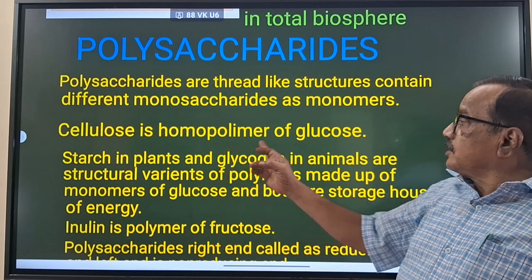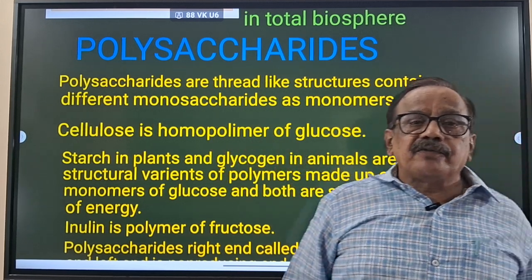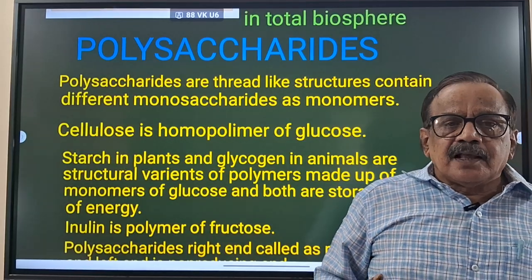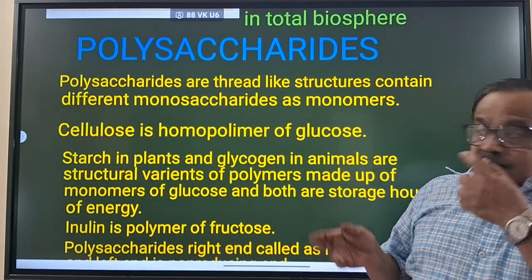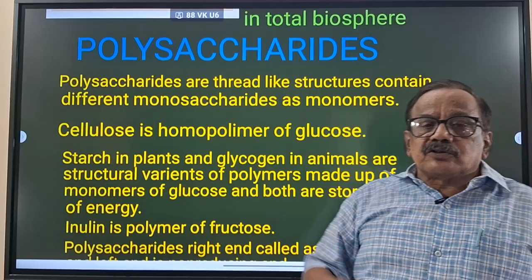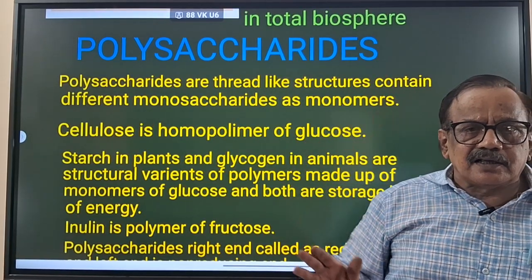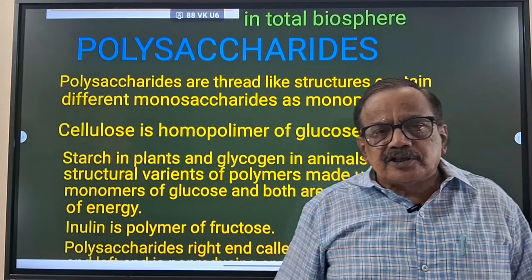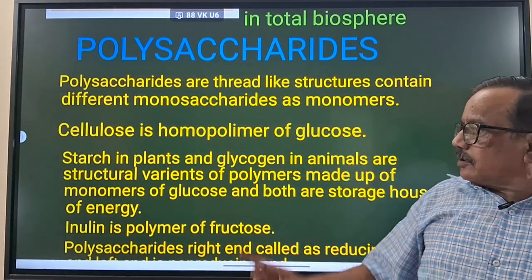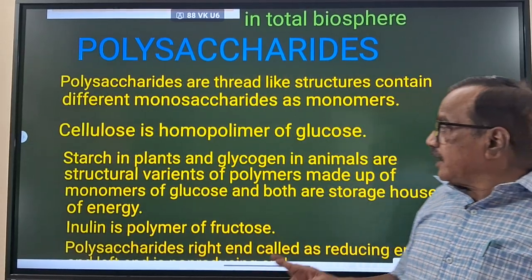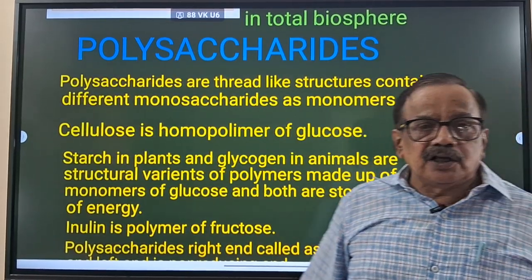Now, cellulose is a homopolymer made up of units, that is, a monomer is called a unit. What are the monomers? Glucose. If you keep attaching glucose, it will become cellulose. Next is starch, and one more is glycogen.